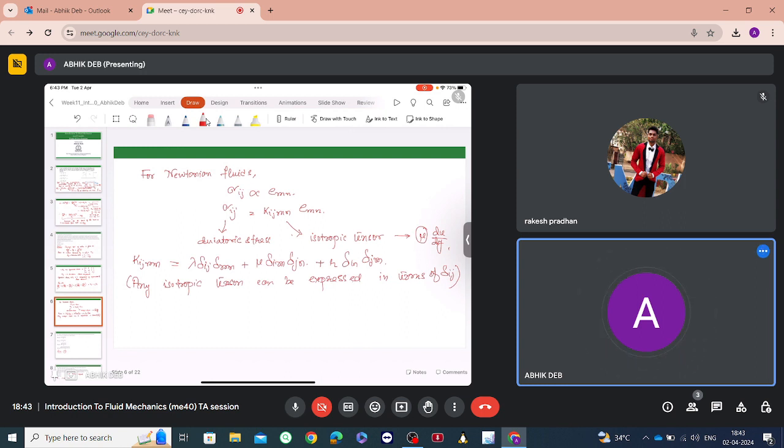Now this is sigma ij. Now sigma ji is equal to Kjimn emn, but sigma ij is equal to sigma ji. That is, the deviatoric stress components, as we have seen previously, are symmetric.